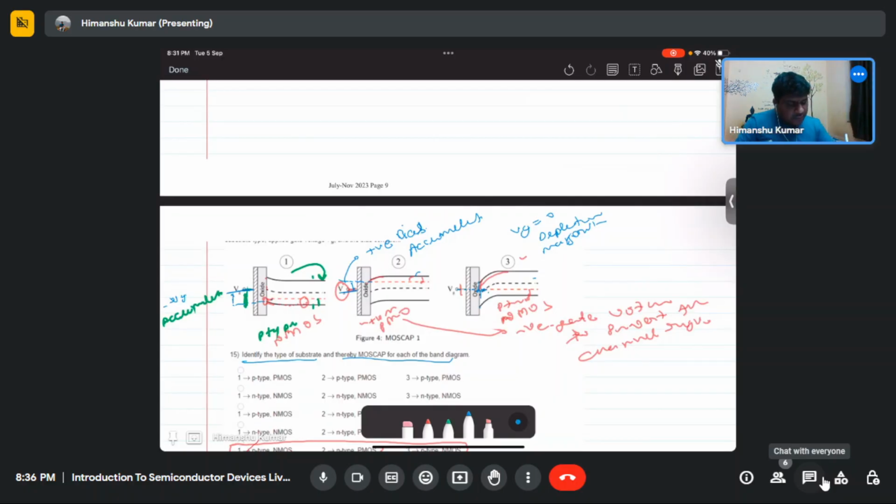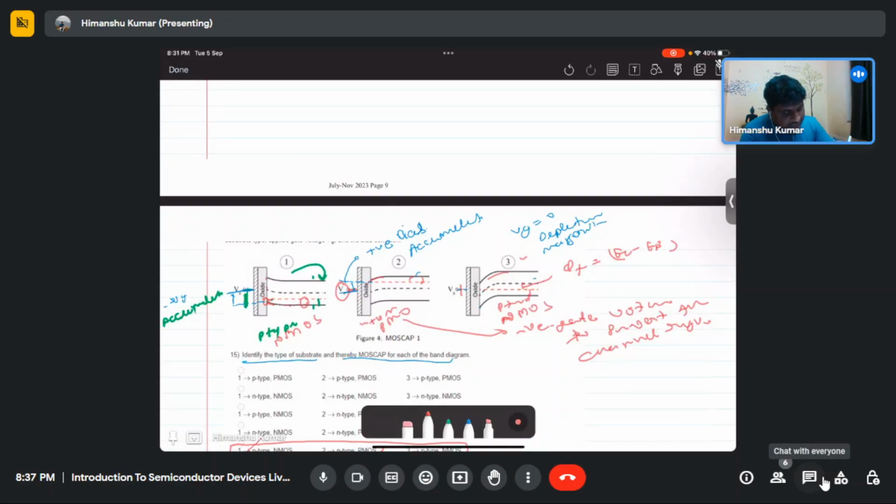For this case, as you can see, if we consider this, this is basically phi F. Phi F is equal to Ei minus EF.